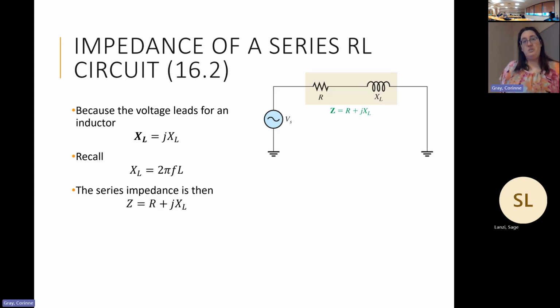So when we have the two in series, our equation looks similar, but now instead of a negative sign, it's a positive, and it's XL instead of XC. So this is kind of showing, right? We saw it a little bit when we first introduced our reactance values, right? With having the XC and the XL.